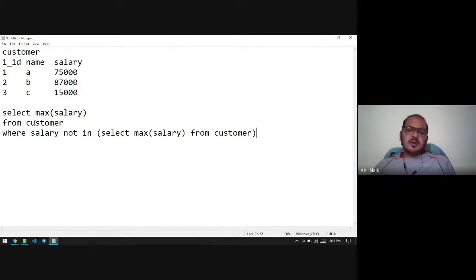Okay. Can you write the syntax for the inner join, by considering table A, table B? Okay, sir.